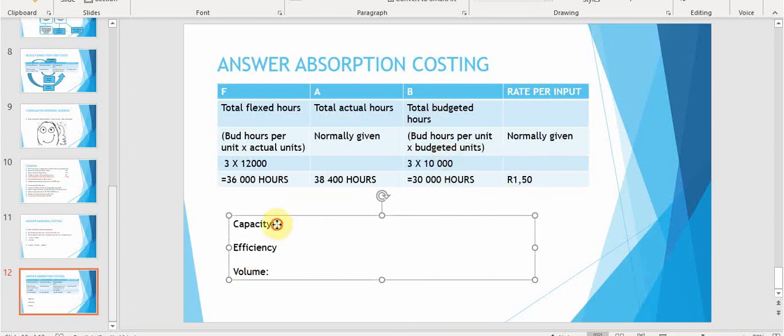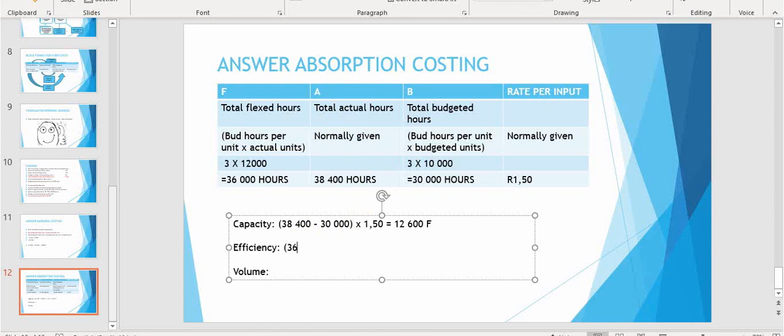So for the capacity, it is the actual hours, 38,400 hours, minus 30,000 hours budgeted, and we times it by the rate R1.50. That gives me an answer of, I'm just calculating on my calculator, 12,600 favorable.